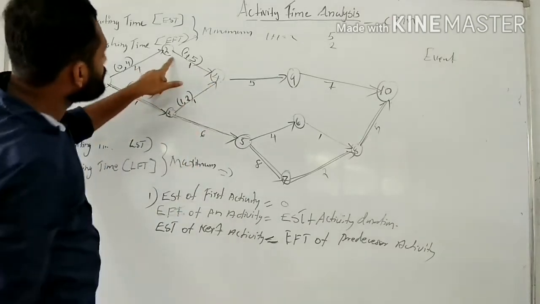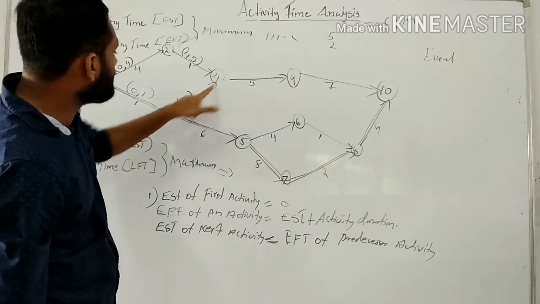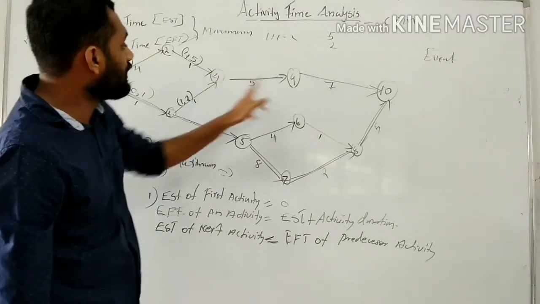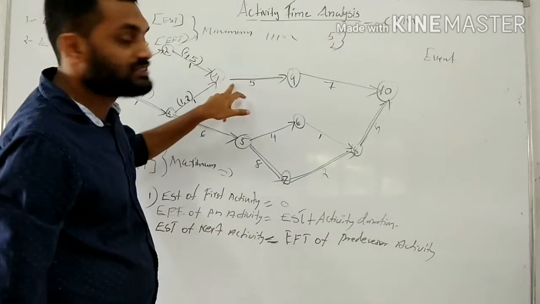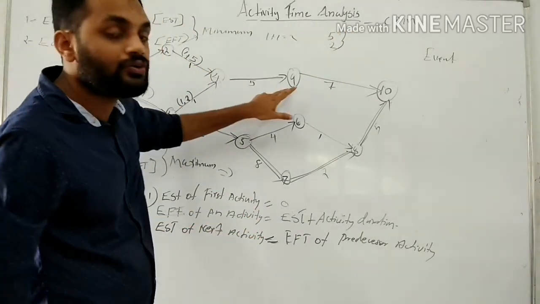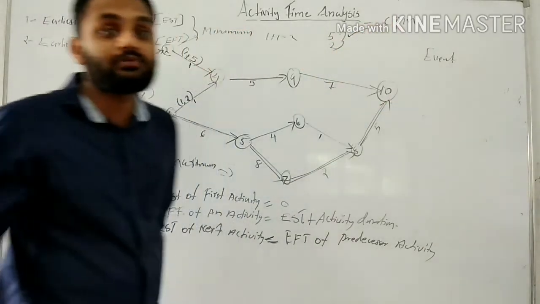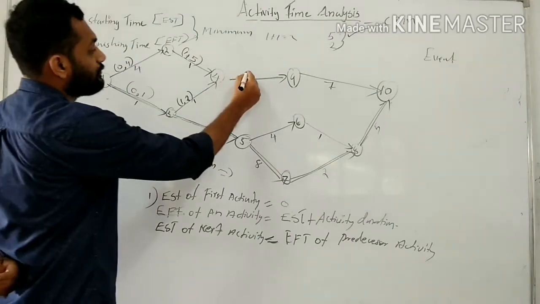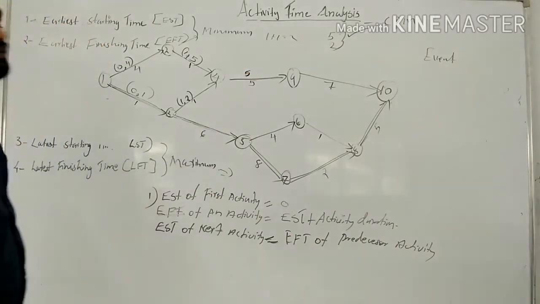EFT of 2 to 4 is 5 and EFT of 3 to 4 is 2. So we have two ESP values for 4 to 9. So we will take 5, the maximum, as ESP.